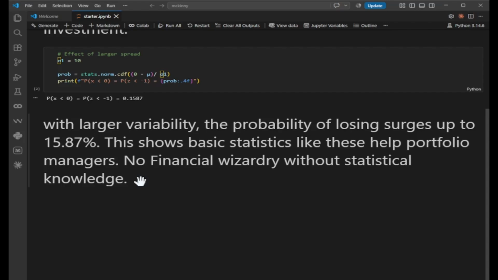Financial wizardry is always fortified if you have the knowledge of statistics, applied statistics, data science, data analysis. That's why mastery of applied statistics is essential. Understanding statistics is essential, not just Python coding.